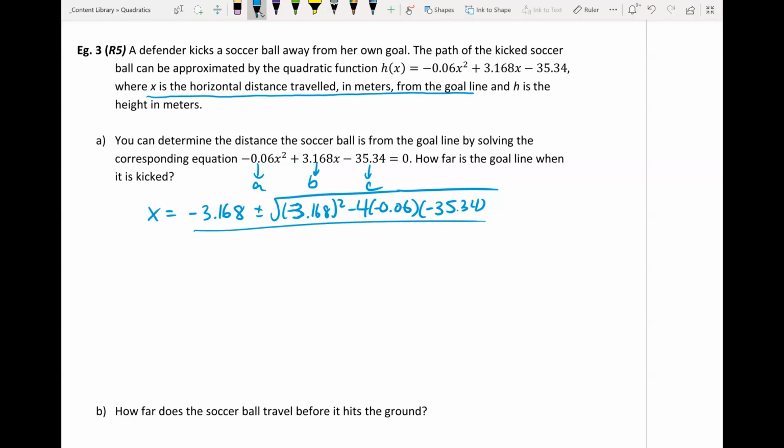All of this divided by 2 times negative 0.06. So we are going to use our calculator for this because there are quite a few decimal places.